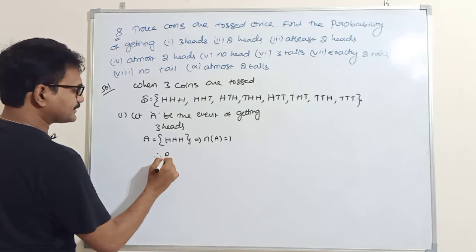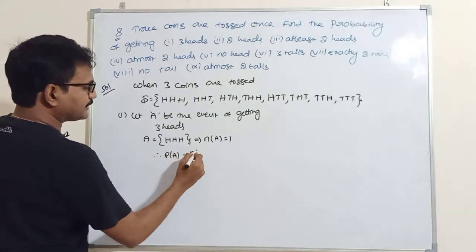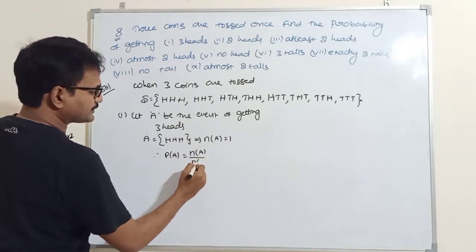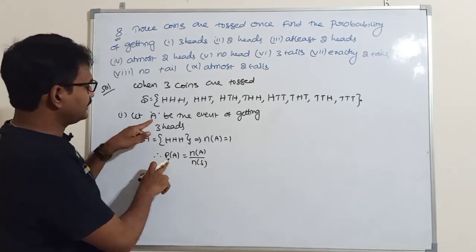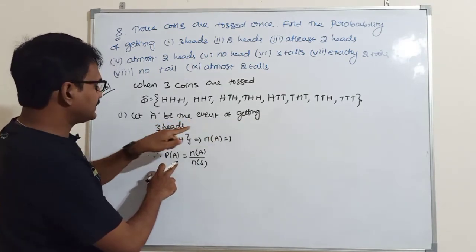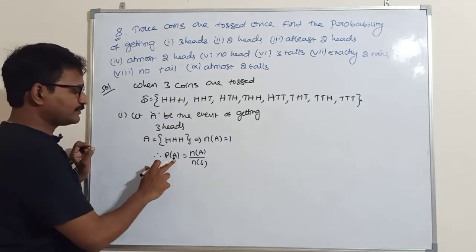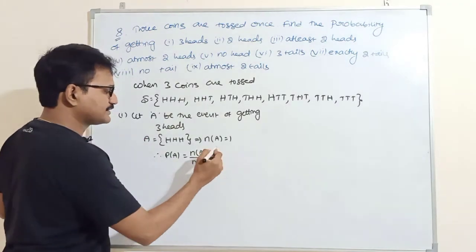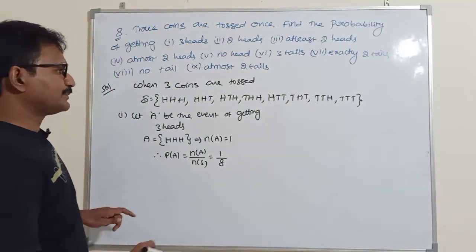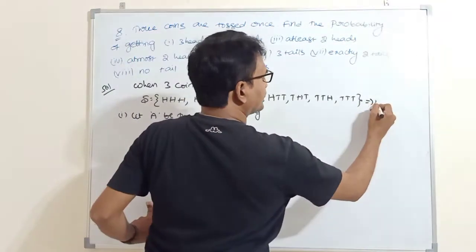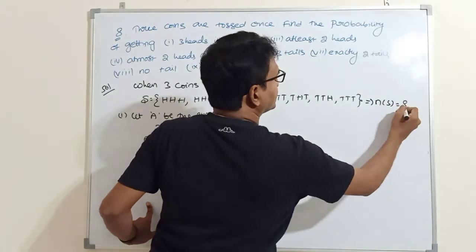Therefore P of A is equal to N of A by N of S. What is the meaning of P of A? Probability of event of getting 3 heads means 1 out of 8. Total number of sample points is 8.